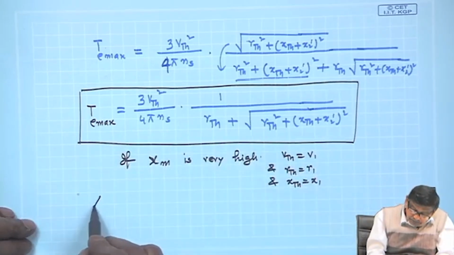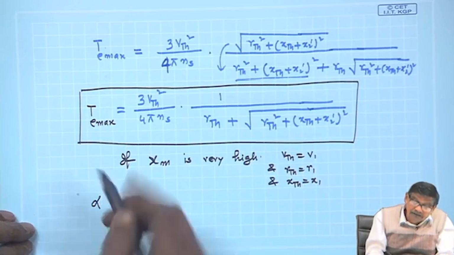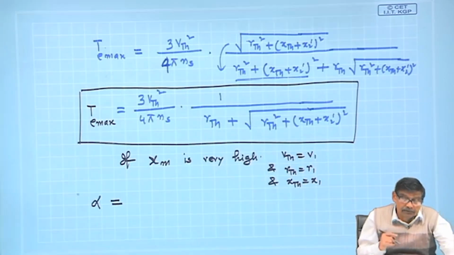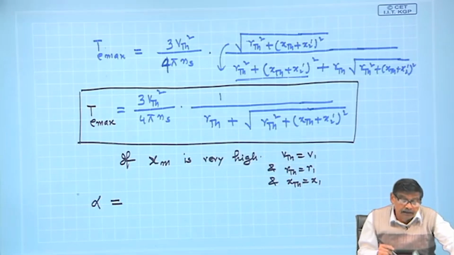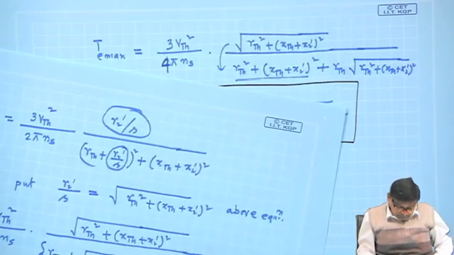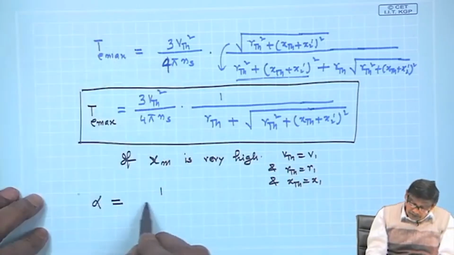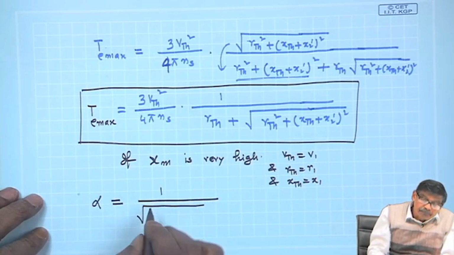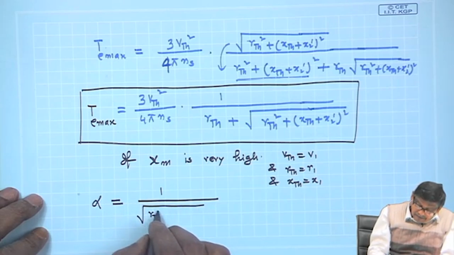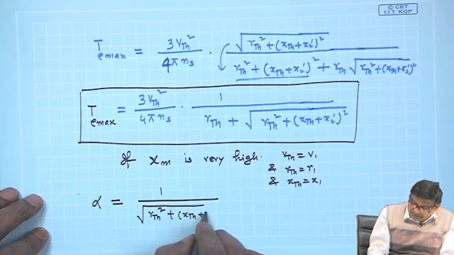So, two things we have got. One is the value of the slip at which maximum torque occurs, that is alpha, and that value was equal to, I wrote earlier, 1 over square root of R Thevenin squared plus X Thevenin plus X 2 dash squared.